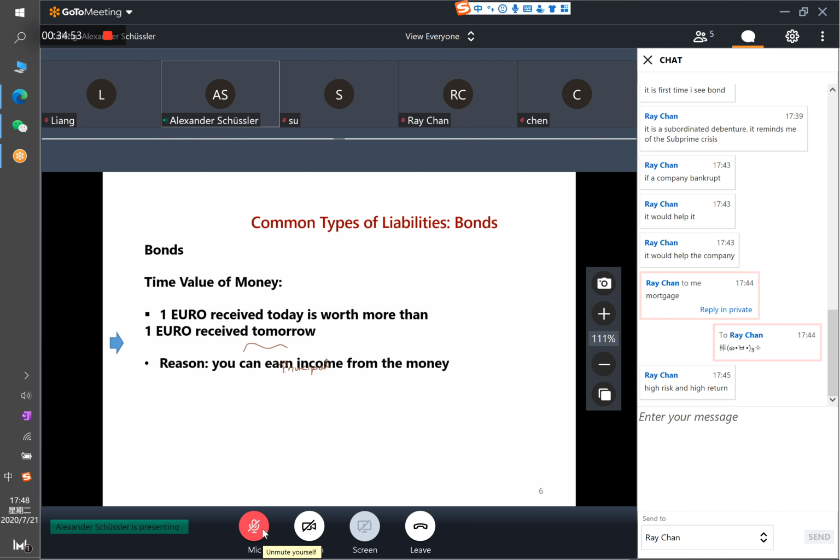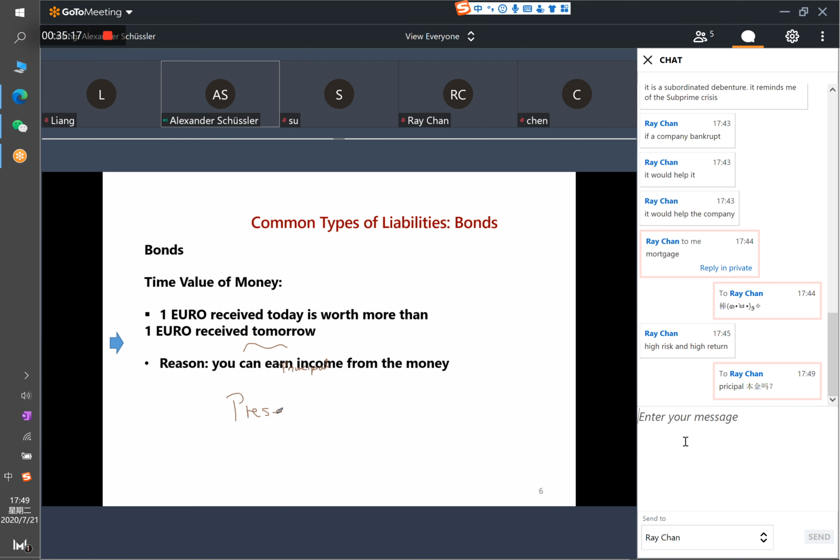And why is that the case? The reason is you can earn income on your money. So this is called, we already had this today, this is called present value.